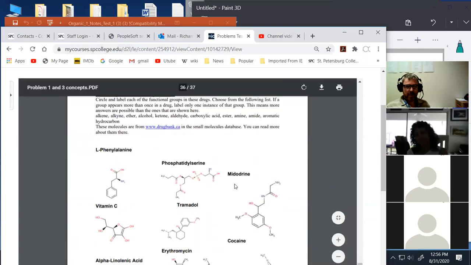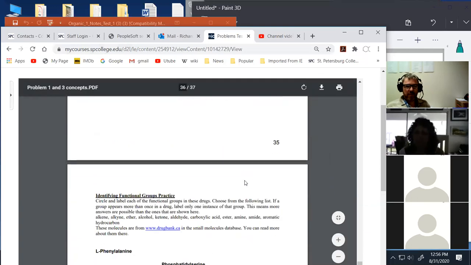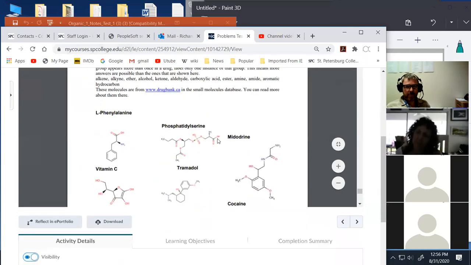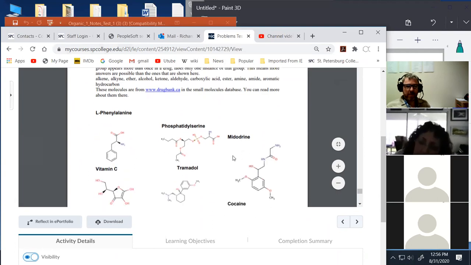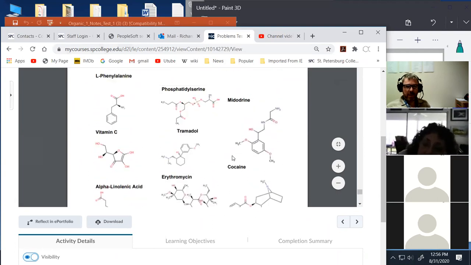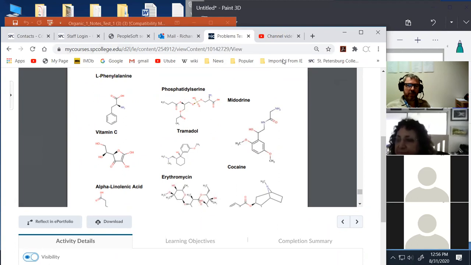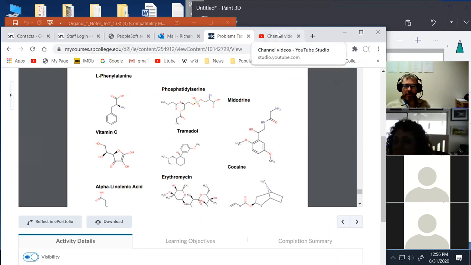I've got this worksheet here, towards the end: identifying functional groups practice. Let's pick one here. Let's do midodrine. Hopefully you've got a pen and paper there.